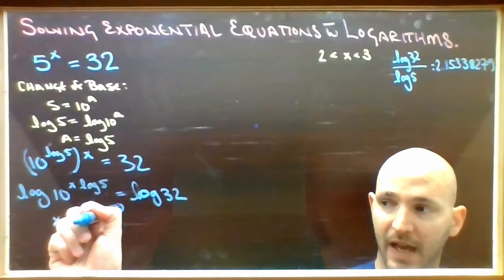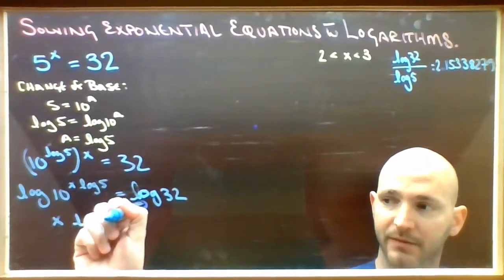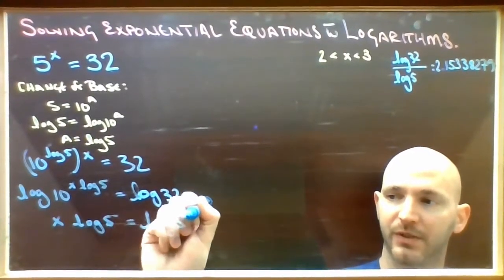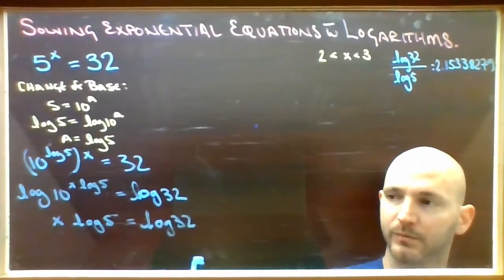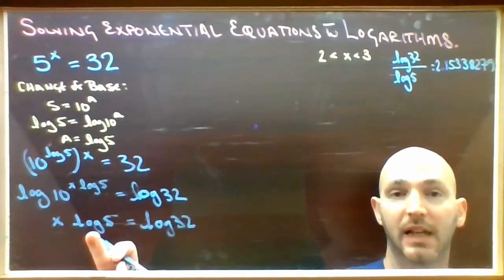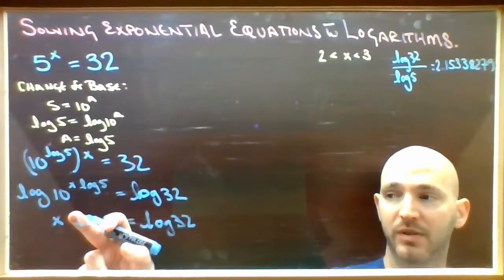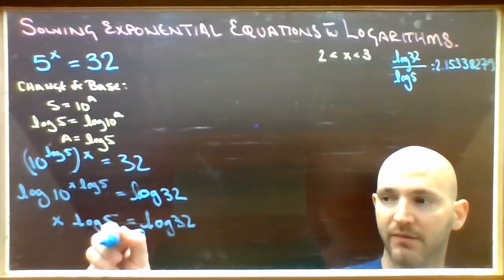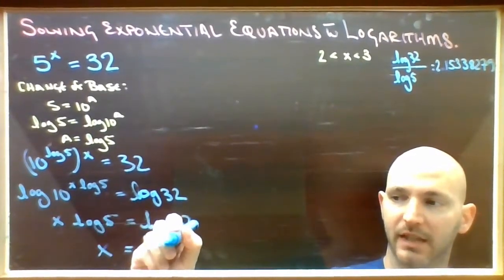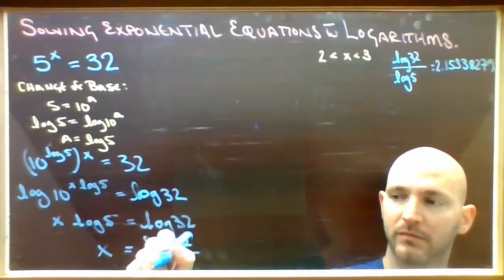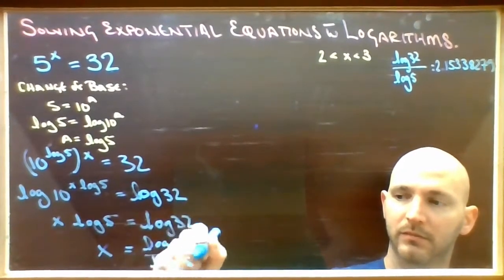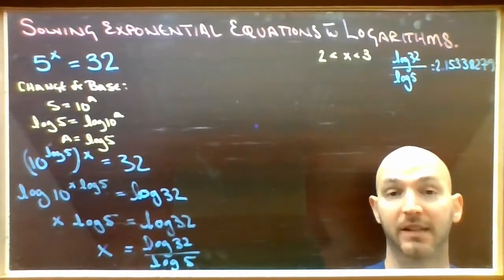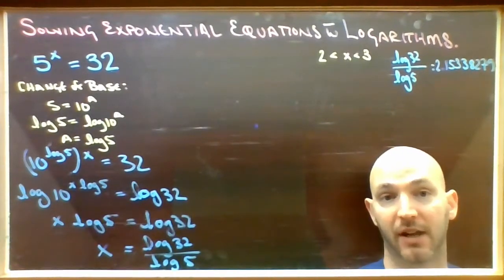So I'm left with x log 5 equals log of 32. And the only thing left to do here is I have x multiplied by log 5. To break that, I divide both sides by log 5, and I'm left with this. Which is exactly what I had at the beginning when I started this entire exercise.